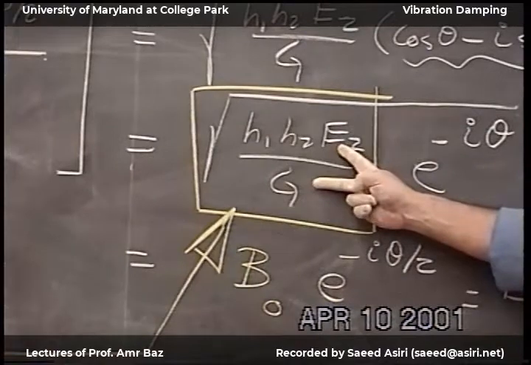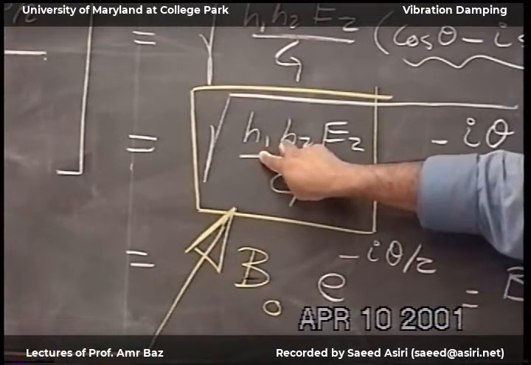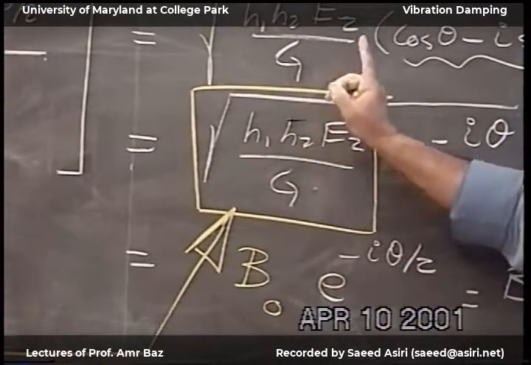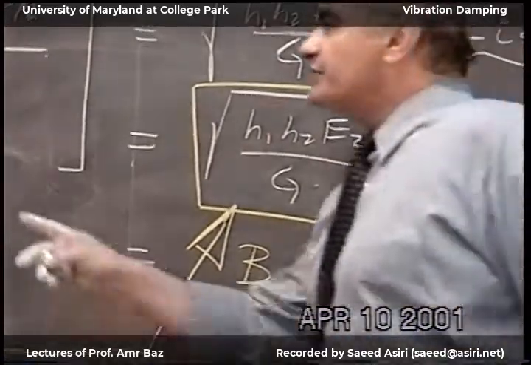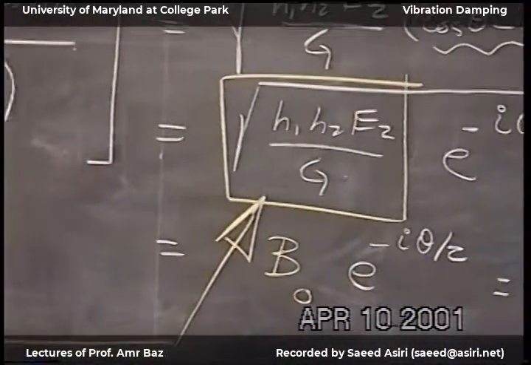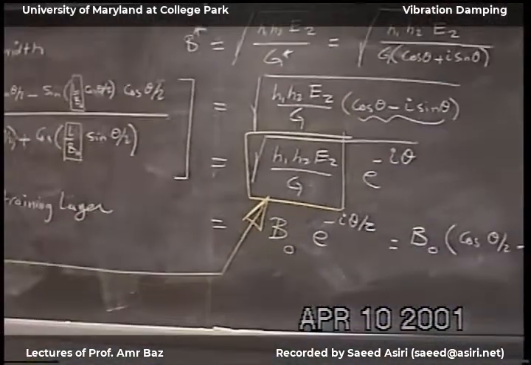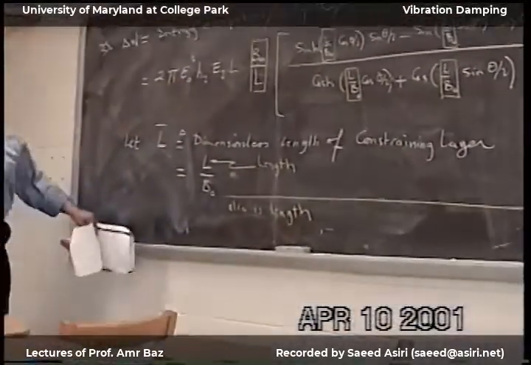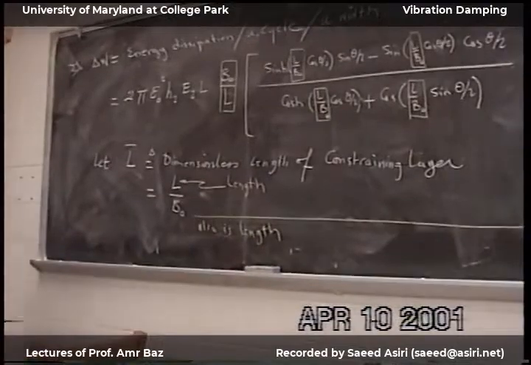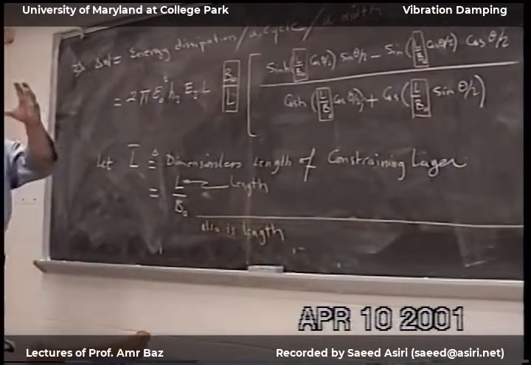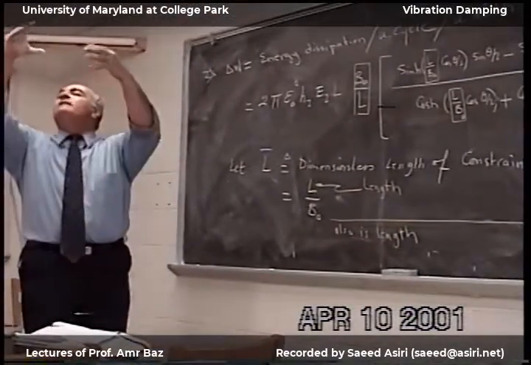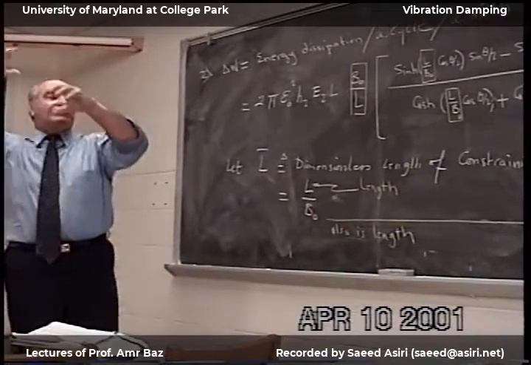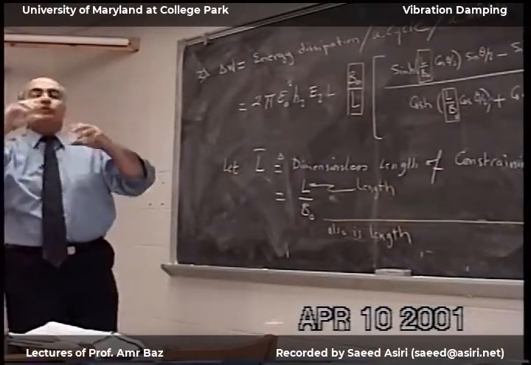So these two are the same units. This is meter squared or length squared under the square root, so it is meter. So this is a dimensionless number. This also is length, but now it has everything built into it. It has the thickness of the viscoelastic, the thickness of the constraining layer, and their relative stiffness, longitudinal and shear.